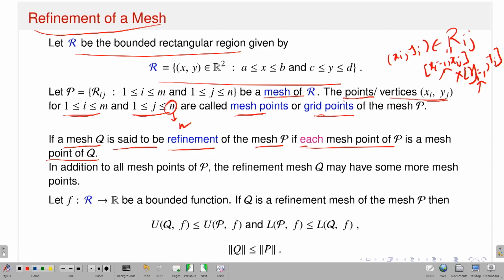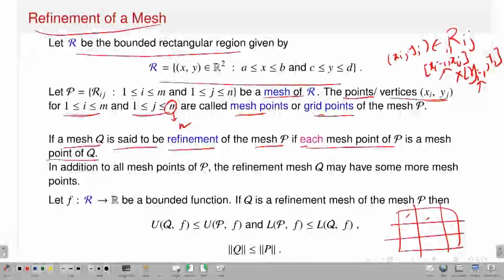Very pictorially, suppose this is my square, and this is my partition. So, this is one cell, this is one cell, this is one. This many cells are there for the partition of this bounded rectangular region. Now, what is the refinement? I want a further partition of my cells R_ij.